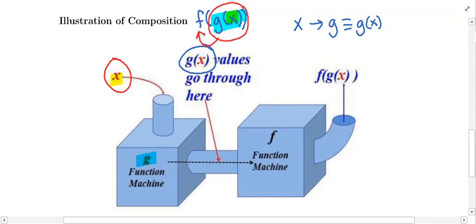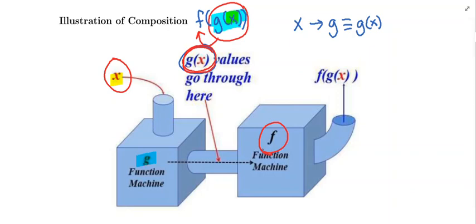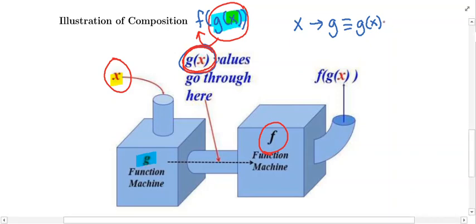Then that output g of x is plugged into f, the outside function. In the little illustration here, you see g of x gets sent into the f function. f is its own rule. It's taking the input g of x, and it's going to change it and spit out a new output, which is going to be f of g of x.